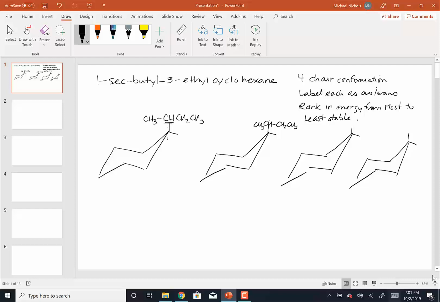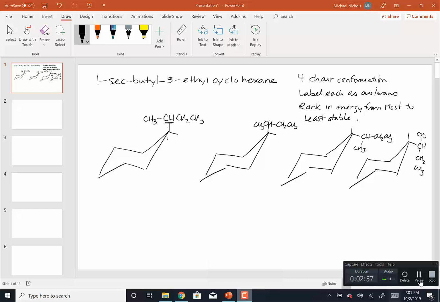So there's 2 axials, and then down here there's 2 equatorials. And I'm just going to try and squeeze this in here. Okay, so there is adding the sec-butyl group to the 4 conformations.